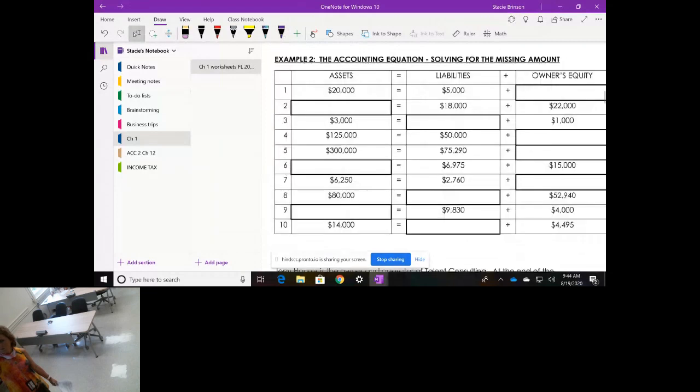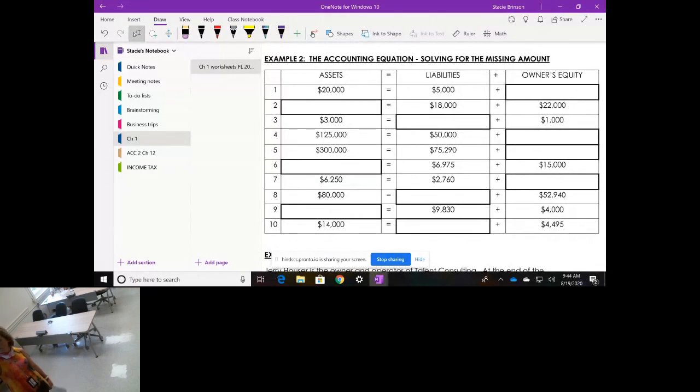Okay, so that is our next example. We have all these different scenarios, and we've got to figure out the missing link. So if you look at example 2, and you've got assets of $20,000, and you've got liabilities of $5,000, what would your owner's equity be? 15,000. Yeah, I mean, some of y'all think this is really stupid and simple, but there's a reason.